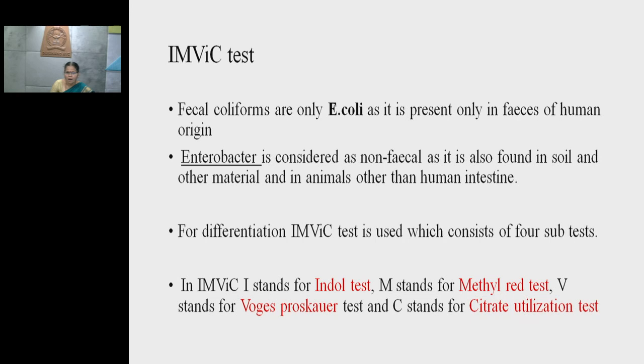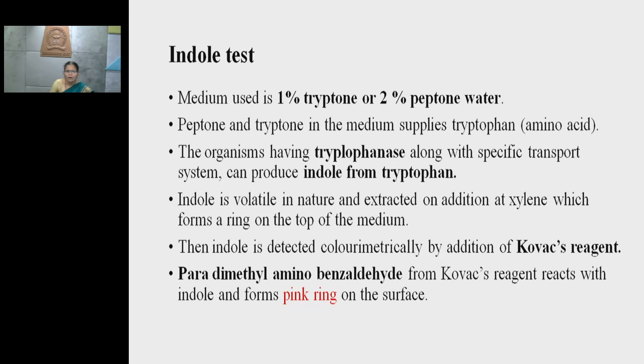In IMViC, I stands for Indole test, M stands for Methyl red test, V stands for Voges-Proskauer test, and C stands for Citrate utilization test. So we have to perform these four tests for differentiation of E. coli from Enterobacter aerogenes. Different media are used for all four tests.